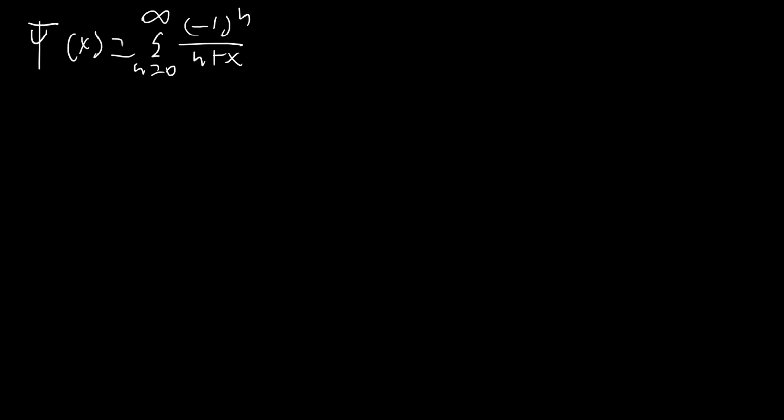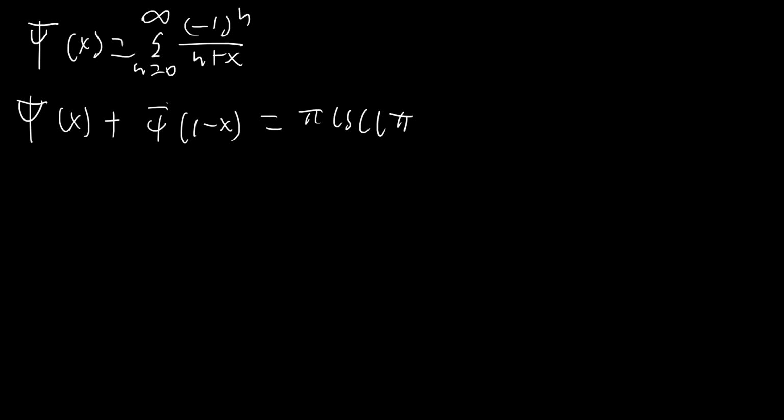And one curious identity about this function is that digamma bar of x plus digamma bar of 1 minus x is equal to pi cosecant of pi x. And what we're going to go ahead and do is just differentiate both the function twice and this twice.